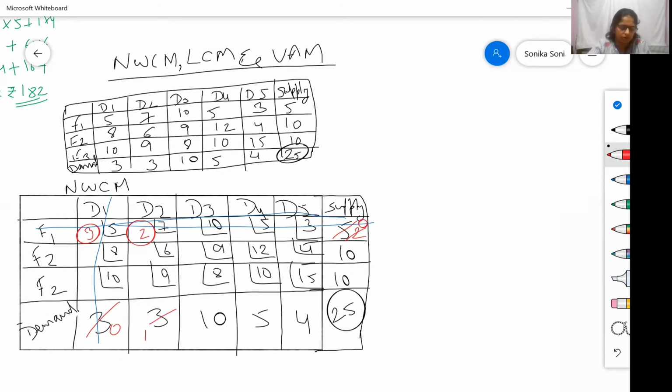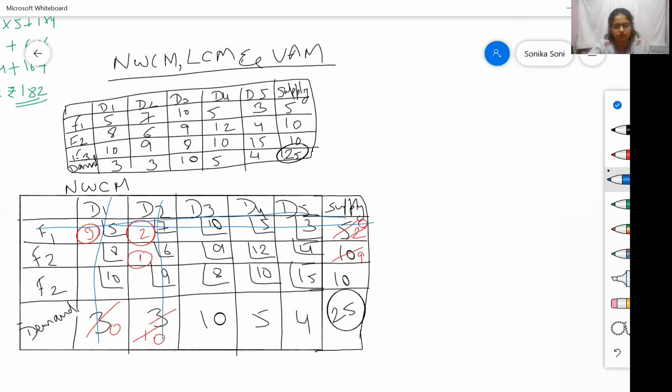Now the next north corner side, we have F2D2, which means we can allocate here only 1 because demand is 1. The supply becomes 9 here, and demand becomes 0, and we cancel D2 column out.